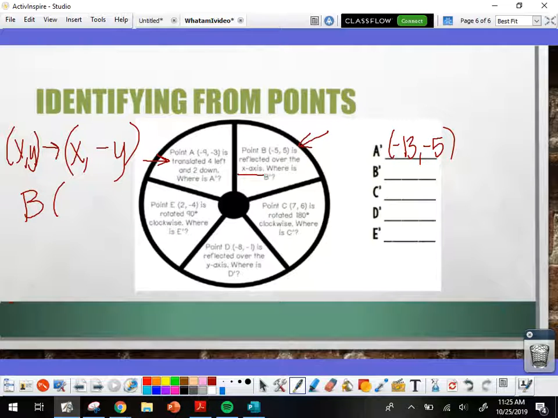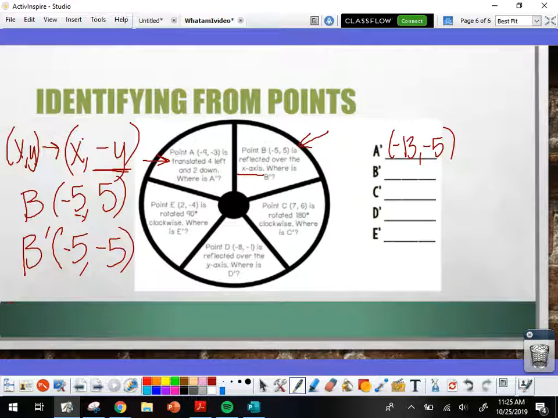Since B is (-5, 5), for B prime the x is going to stay -5, but the y needs to become the opposite. Since it's +5 to start with, it becomes -5.